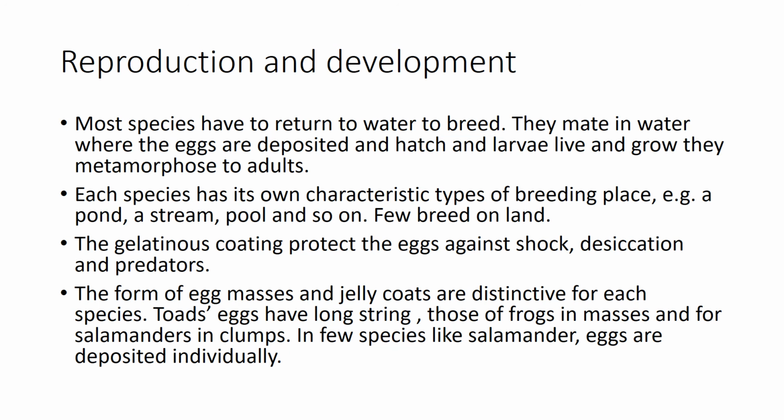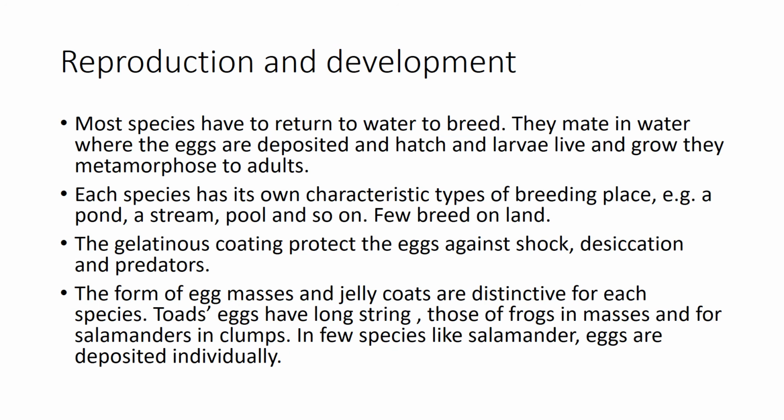They metamorphose to adults. Each species has its own characteristic type of breeding place, for example a pond, a stream, a pool, and so on. Few species breed on land because breeding in water is most common.